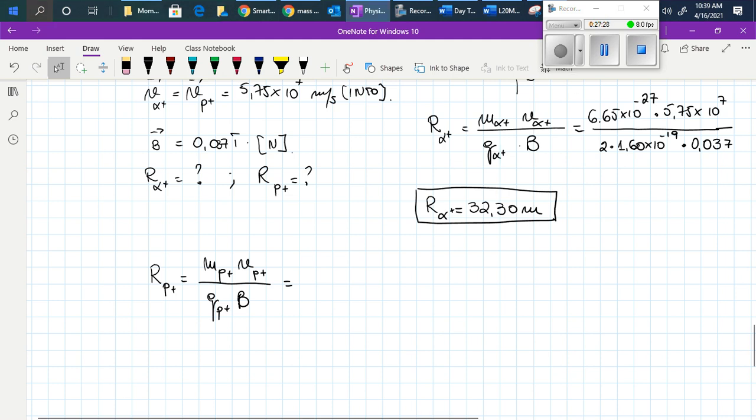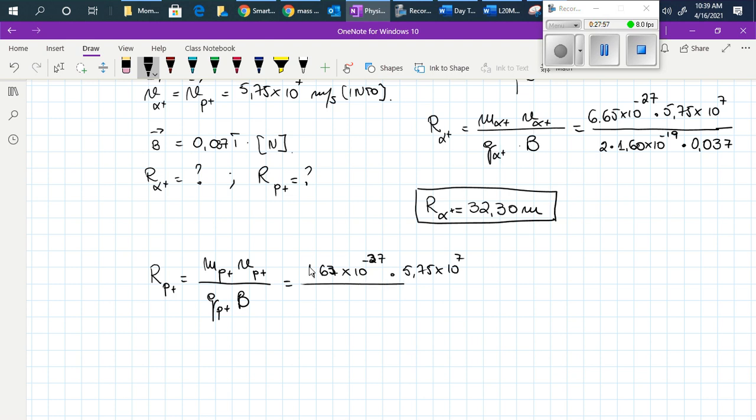The mass of the proton, we know, is 1.67 times 10 to the power of negative 27, times the velocity, that is 5.75 times 10 to the power of 7, over the charge of the proton, which is just one elementary charge, 1.60 times 10 to the power of negative 19, times 0.037, not 35.